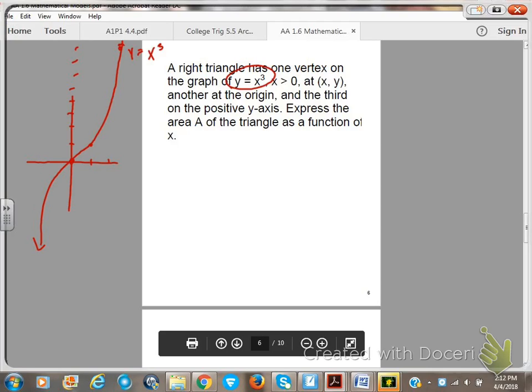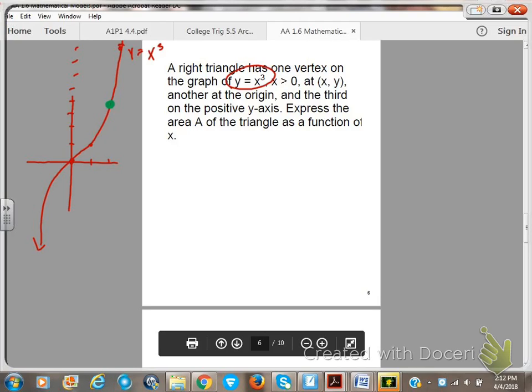Since they want it on x cubed where x is positive, that's this piece of it. So somewhere on here, it doesn't matter where we pick the point. All right, I'm going to pick it here.